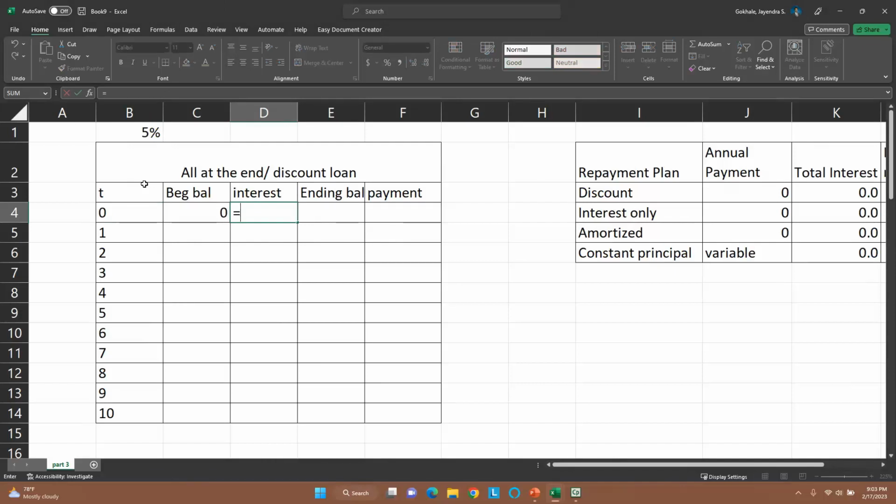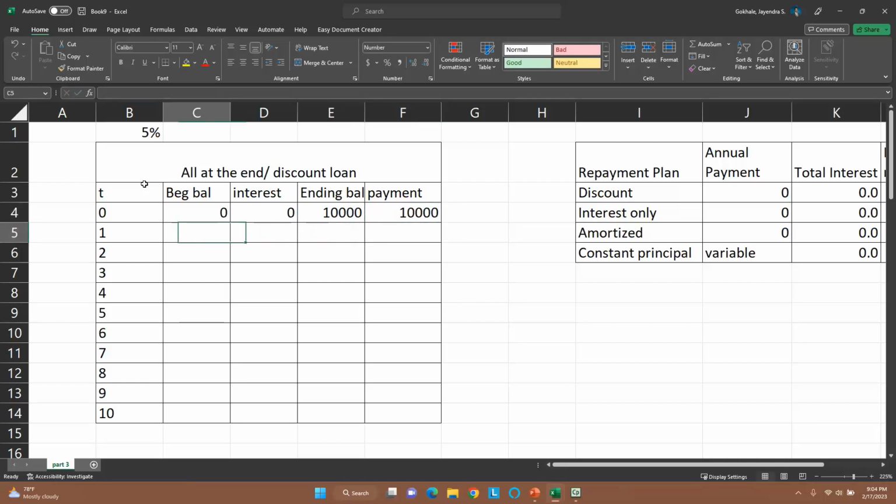The interest is calculated as beginning balance times this cell, B1, so fix it, $B$1. The ending balance, because it's a new loan that is started at time t equals 0, is going to be 10,000. And since it's a new loan for a borrower like Alex D, the payment is positive 10,000, because we received the loan.